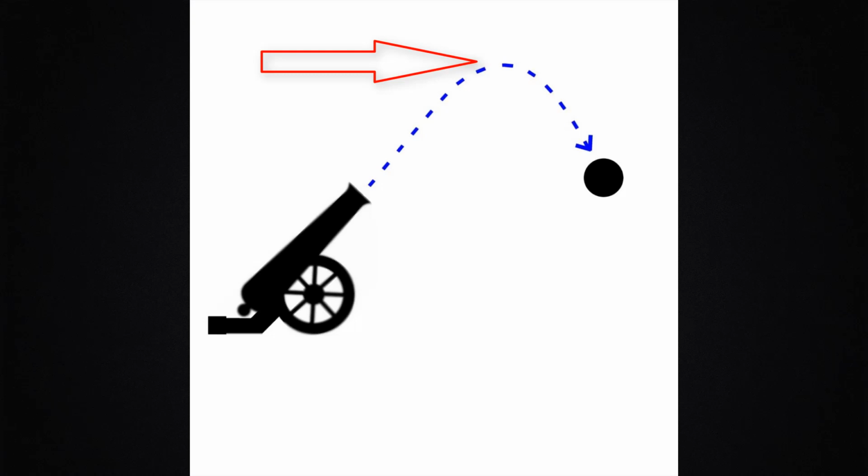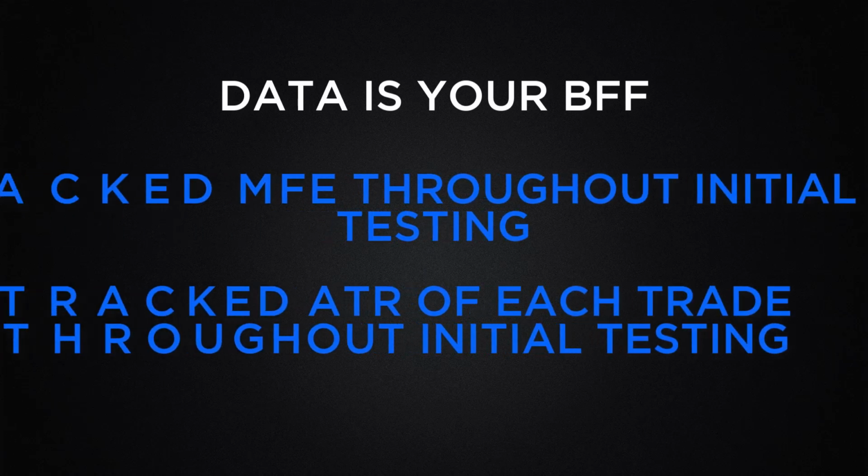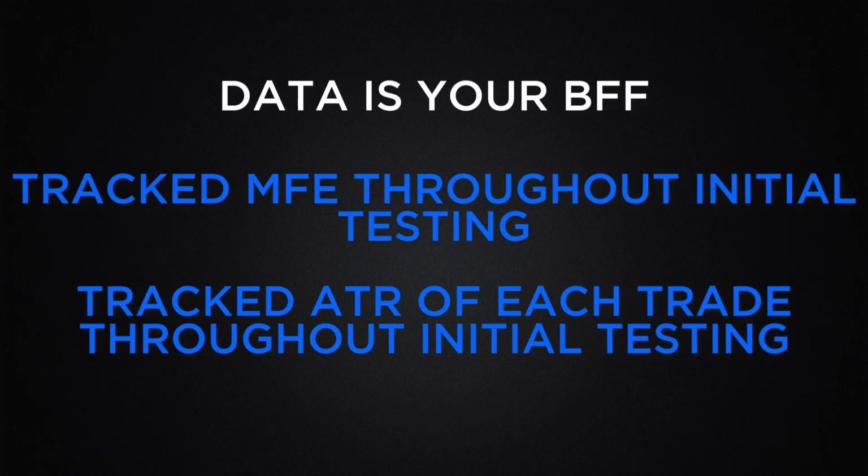And I measured that for every single trade, all 235 of them. I did so because I had planned on using some type of ATR multiplier, at least testing it. By keeping track of the ATR and the maximum favorable excursion in every single trade, it would give me a very good idea on average what type of movement we were looking for.